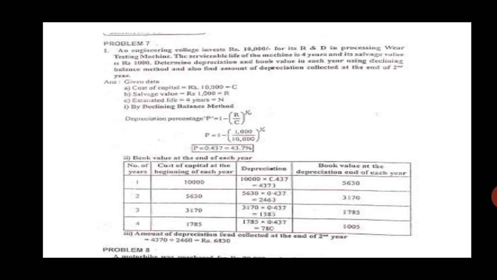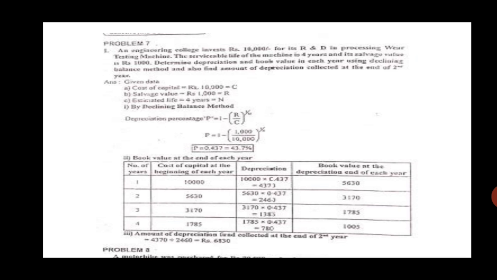So again there are 4 columns here. First column, number of years 1, 2, 3, 4, because 4 years life is there. Then second column, cost of the capital at the beginning of each year. Initially it starts with 10,000 rupees, keeps on reducing. Third column is depreciation, that is the percentage we already saw, we have to multiply with 0.437.